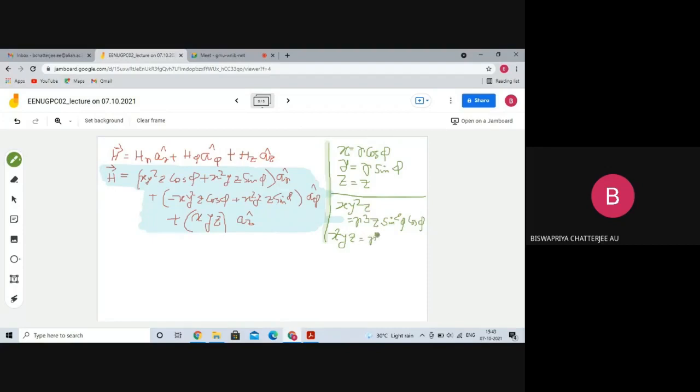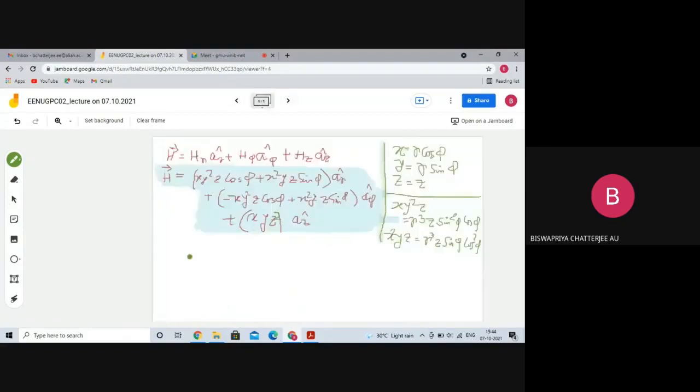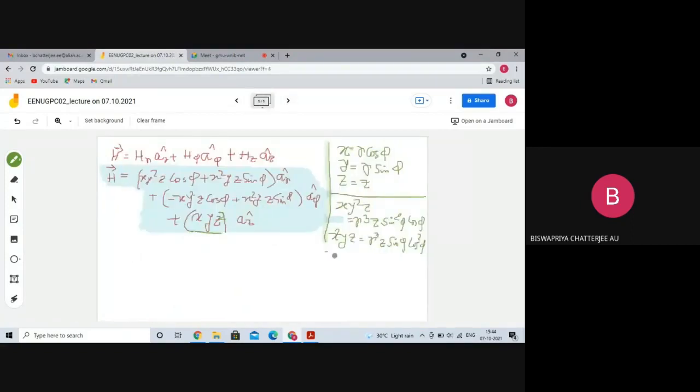It will be r cube z, now this time sin phi cos square phi. And x y z square should be r square z square sin phi cos phi.